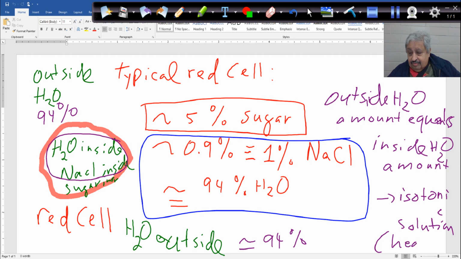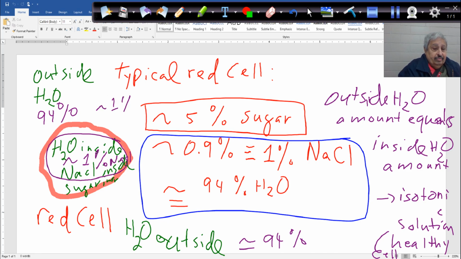And this is a healthy cell. We can say this is an isotonic solution or isotonic red cell, where the cell is healthy, since the H2O outside equals the H2O inside. And the amount of sodium chloride is the same, it's not changing. You have about 0.9% or 1% sodium chloride outside, and inside the same thing.